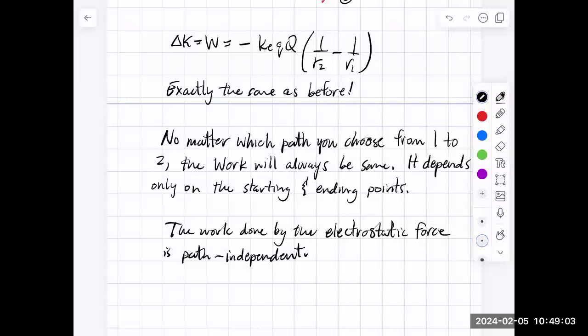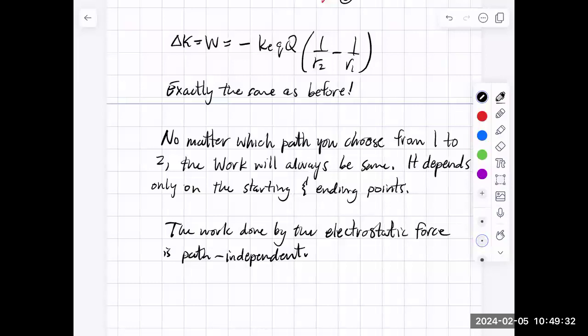Now, if I have the same starting and ending point, but I take my phone and I slide it like this, it's still always true that the static or kinetic friction force is always opposite of the displacement. And so I'm just going to have a longer path that always has a contribution to this negative work by the kinetic friction.